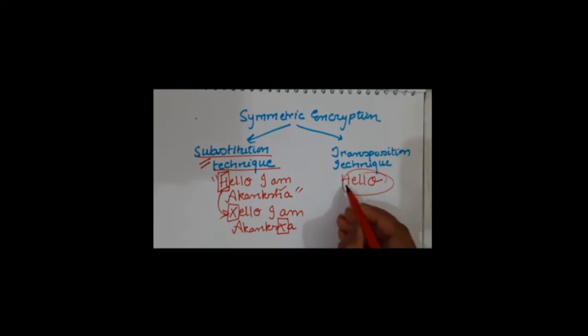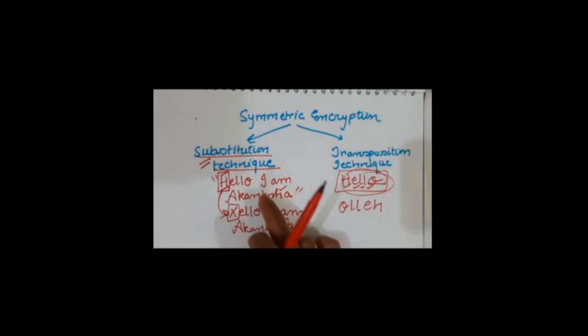Understand what I'm saying: I'm shuffling the order of these letters. I decide that the entire ordering will be the reverse ordering. Now what will happen is O will come first, L, L, E and H. I've completely reversed the ordering. So transposition means reordering, and substitution means you're substituting the letters of the plain text by other letters. That is called the substitution technique.